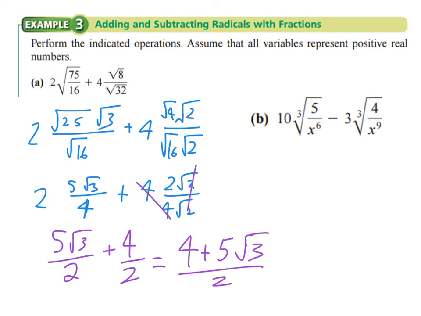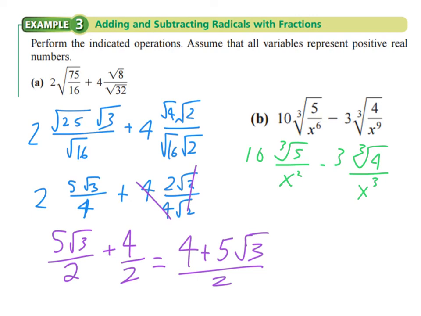Looking at the second example, again we've got a bit of simplifying to be done there. So we would probably start by cube rooting those denominators, which will work out perfectly for us. So we get 10 and then a cube root of 5 over x squared minus 3 and a cube root of 4 over x cubed.